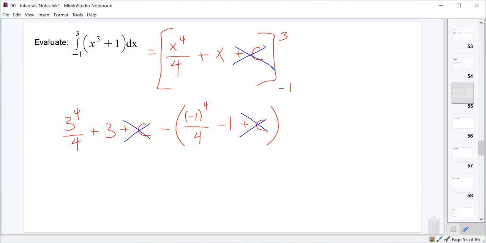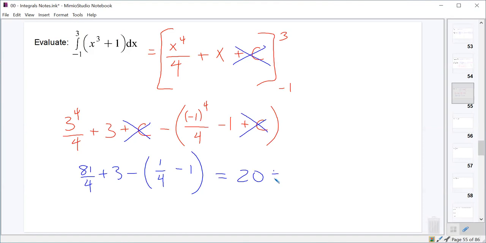So 3 to the 4th is 81. So we've got 81/4 plus 3. And then over here, -1 to the 4th is just +1. So we've got -1/4. And then we've got a -1. So, 81/4 minus 1/4 is 80/4. 80/4 is 20.